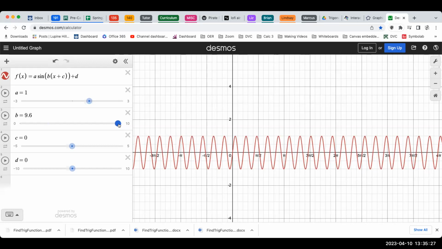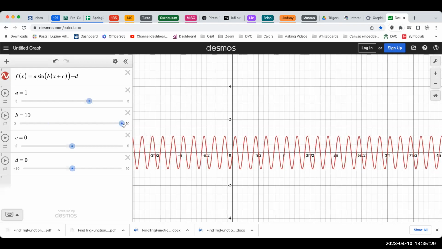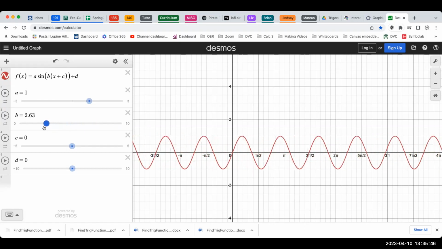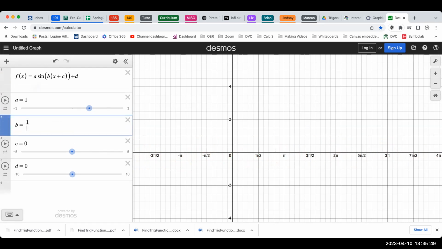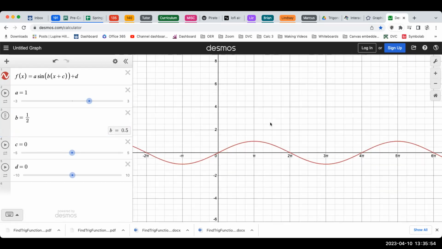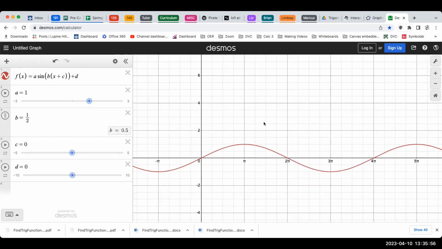Okay. If I go to 10, from 0 to 2 pi, it's going to cycle how many times? 10 times. So the period is 2 pi divided by 10. If I make the B value 1/2, now it's going to do 1 complete cycle in 4 pi.